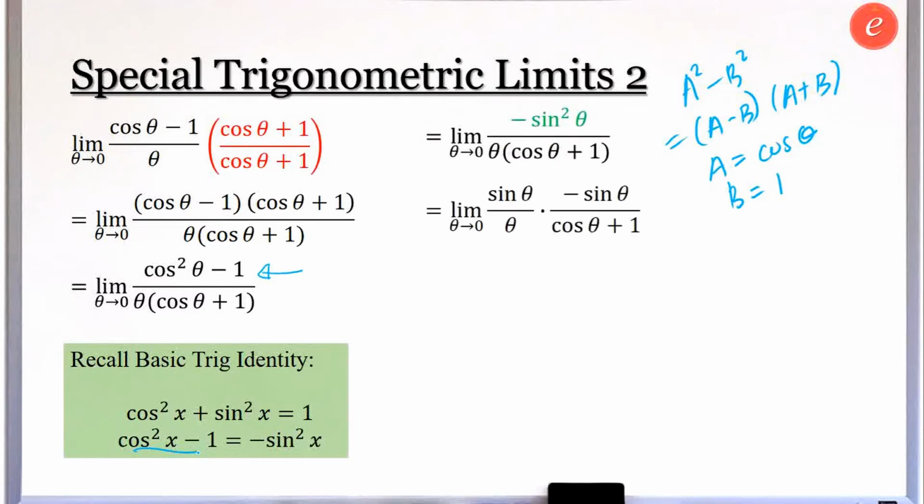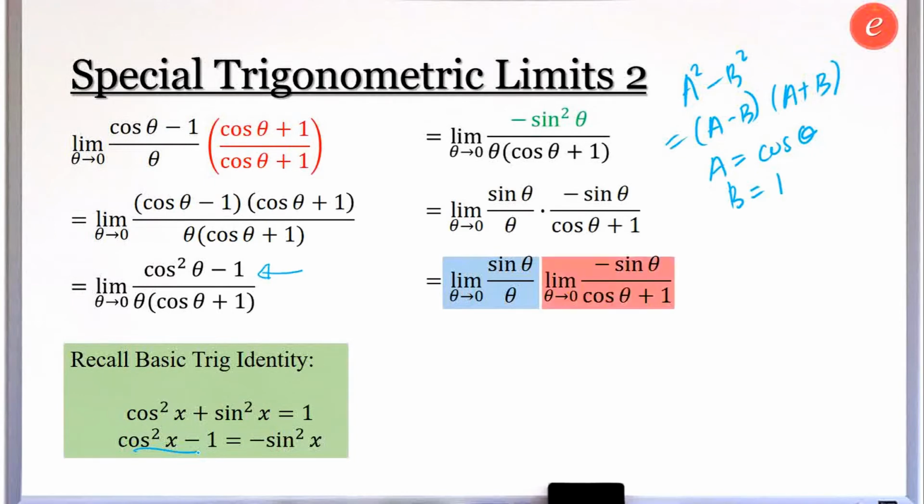Next, we split the fraction into 2. Sin square theta equals sin theta times negative sin theta, right? Then we will take the limit separately. And now you see the blue part is our friend, right? We just proved that it is equal to 1. And for this red part, we know that sin 0 equals 0 from the graph of sine.